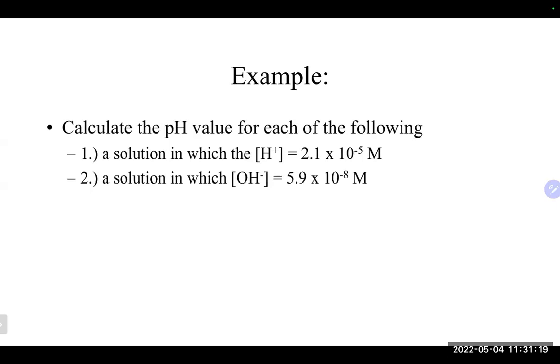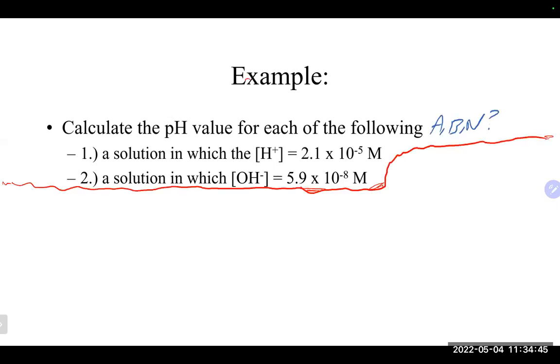What is the pH of each of these solutions? And while we're at it, is it acidic, basic, or neutral? Okay, let's take a look. So for number 1 here, we are looking for the pH, which is minus the log of the H plus concentration, which they gave us.